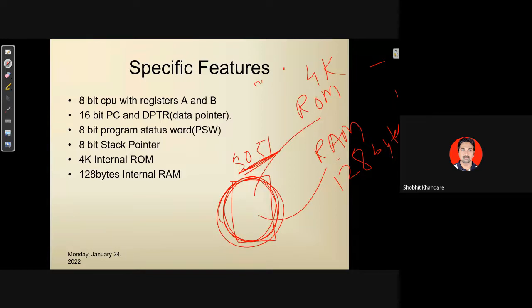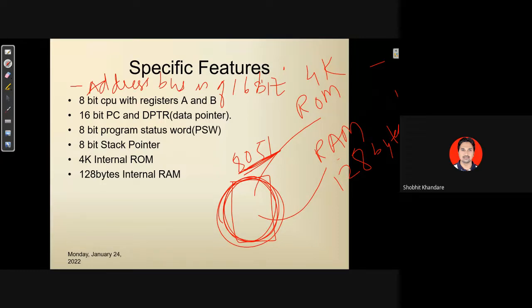There is one more feature which is not here. I will just write it down. The address bus is of 16 bit.